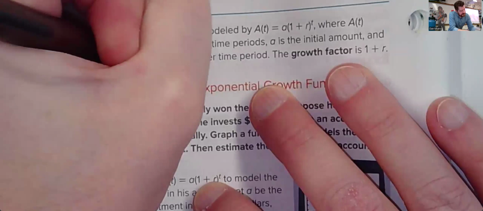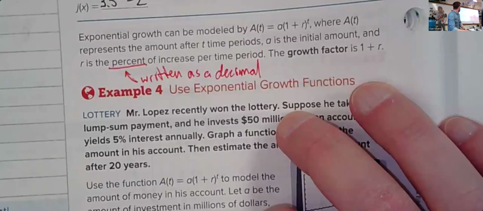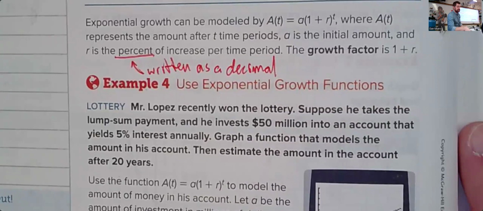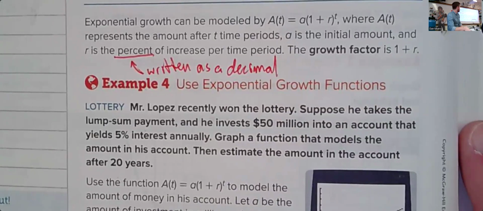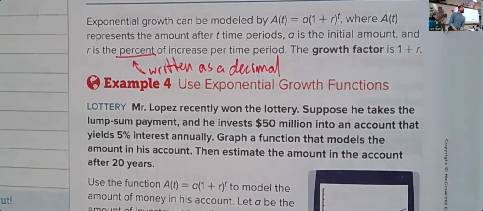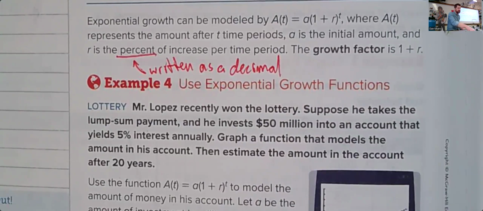Write this down if you need to: percent written as a decimal of increase per time period, and the growth factor is 1 plus R. So if something is growing by 5%, that would be 0.05. But that means the growth factor would be 1 plus 0.05, which is 1.05.